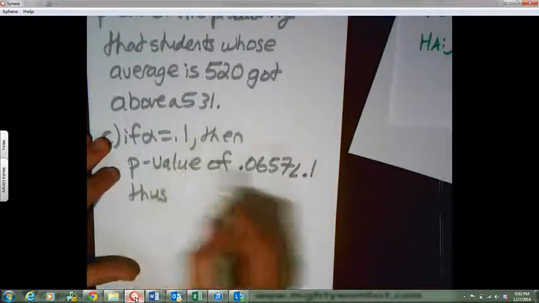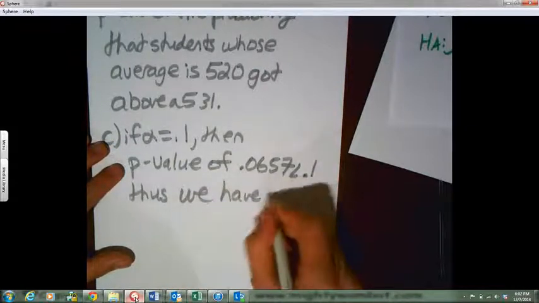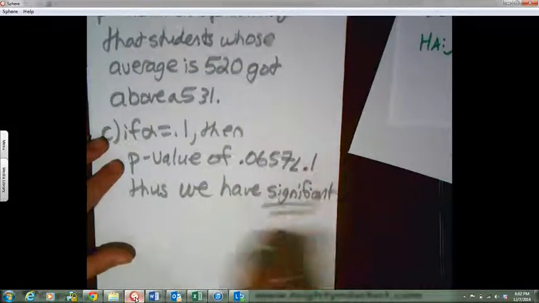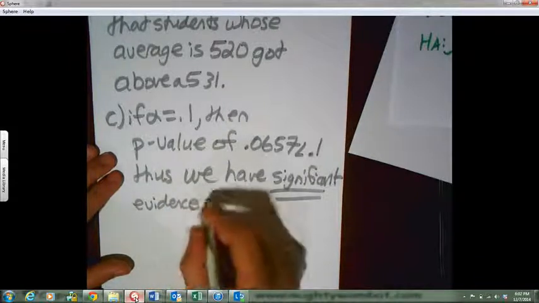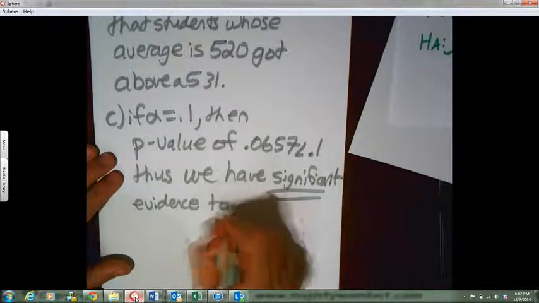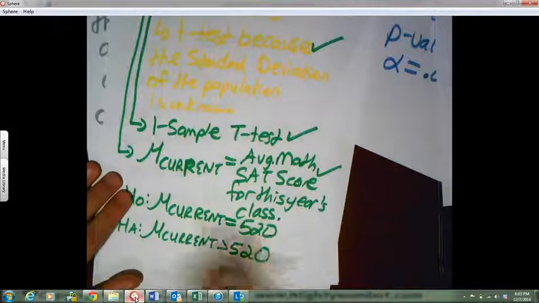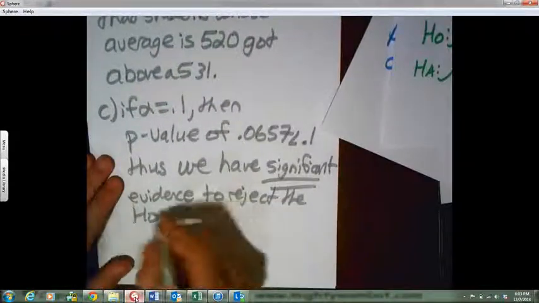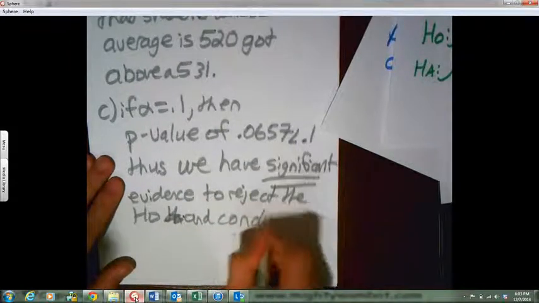Thus, we have to use the word significant. We have significant evidence to reject the null hypothesis. So we reject this and conclude the mean score is above 520.